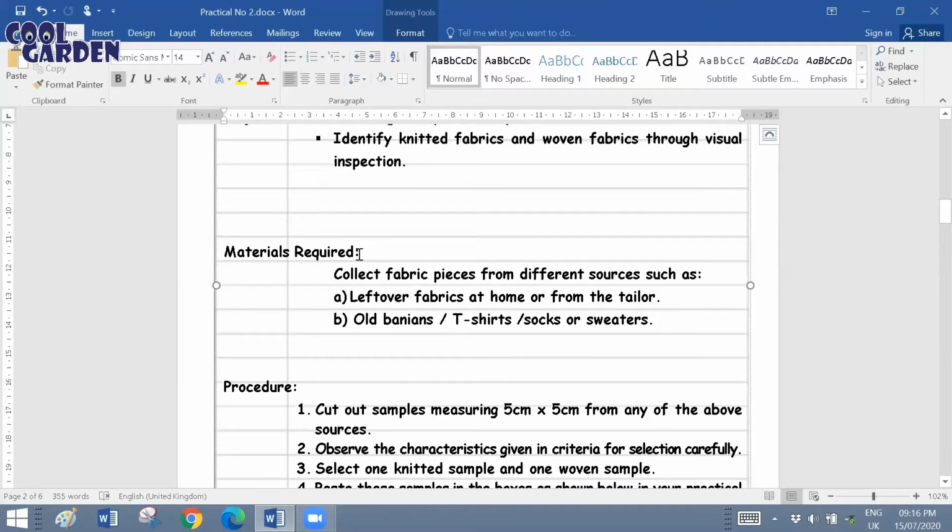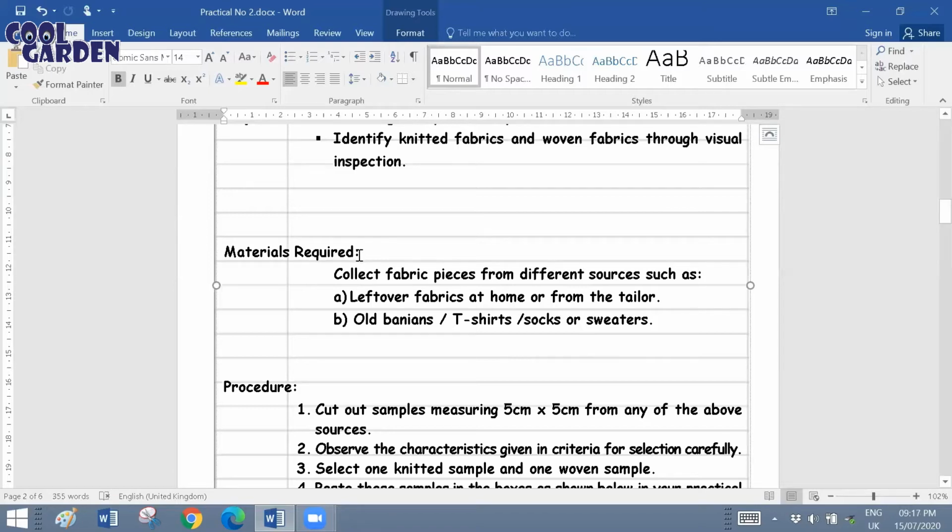To perform this experiment, we have to collect fabric pieces. As I told you, we will be trying to understand knitted and woven fabric. So the best thing is to try to collect samples of these two categories of fabrics.